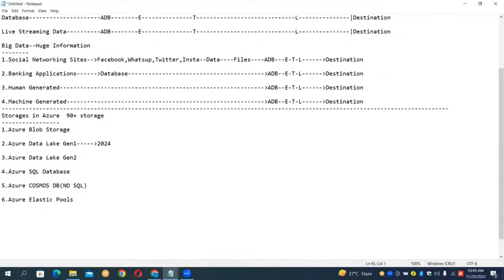Hi, sir. Is there any chance to modify the timings? Modifying in the sense? It will start at 10:15, right, sir? We can shift it to maximum 10 o'clock, not beyond that, because I already have one batch at 9 o'clock.